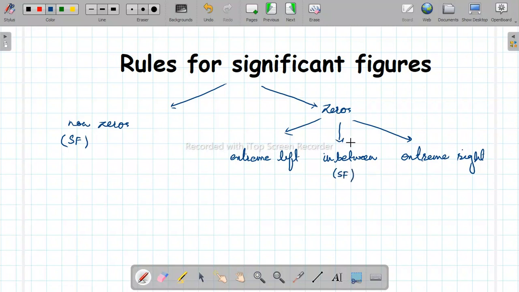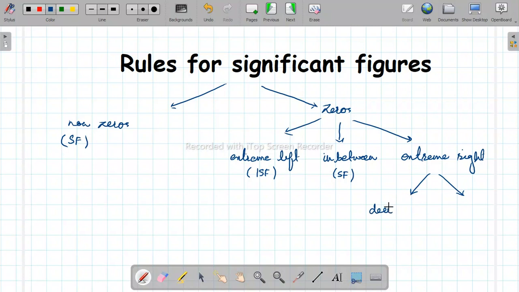When we have zero at the extreme left of a number, we'll always take it as insignificant figure. But when it comes to zero at the extreme right, we further classify it because it might be significant and it might not be significant figure, depending on if the number is a decimal number or is it an integer.